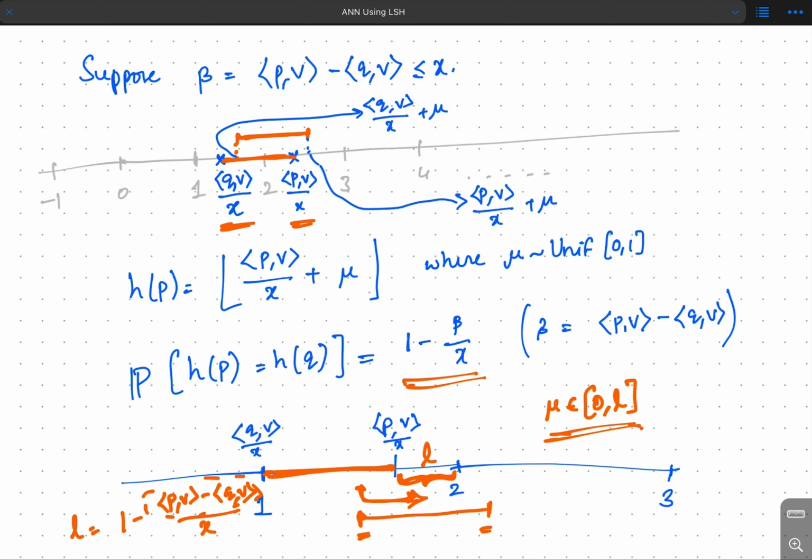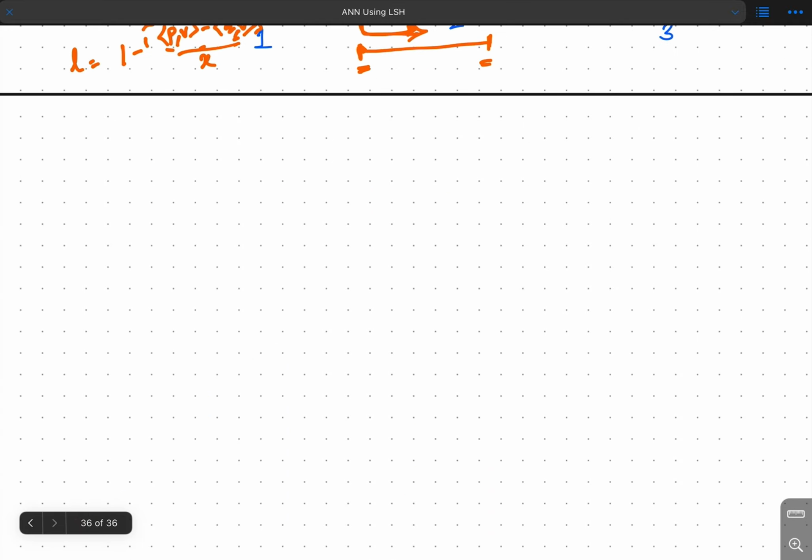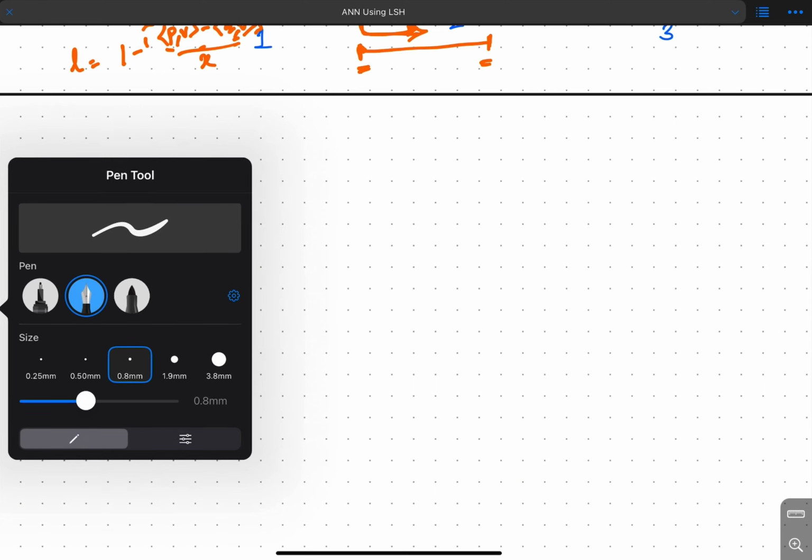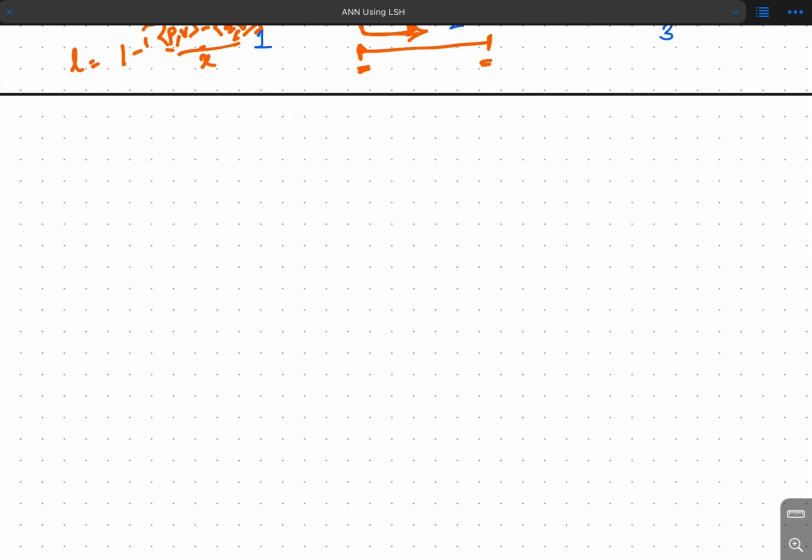So fixing v, we get that this is the probability that both the hash values match, but v is not fixed, v is also random. So now what can we do? Now the probability of h of p being equal to h of q will be an expectation over beta, where beta ranges from 0 to beta.